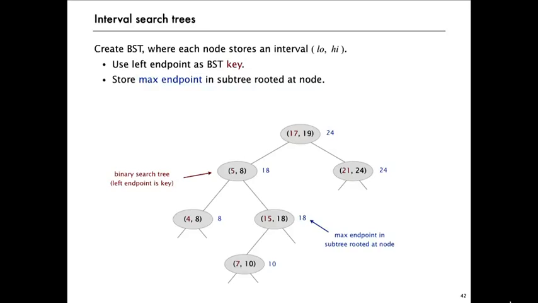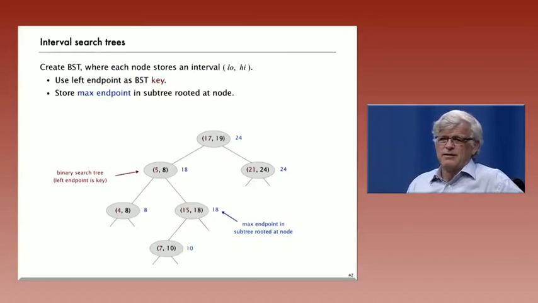But in each node of the tree, we're going to store not just the interval, but the largest endpoint in the subtree rooted at that node. So at every node, we're going to store the maximum endpoint in the subtree rooted at that node. At the root, the maximum endpoint, or the rightmost point covered by an interval, is 24. So we store 24 at the root.